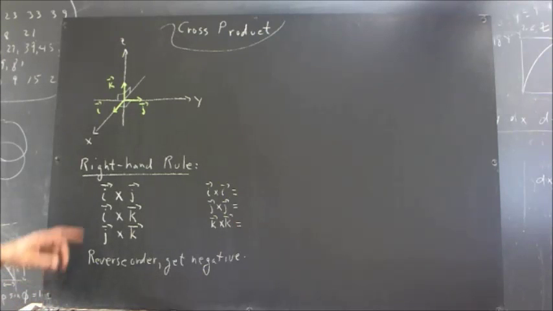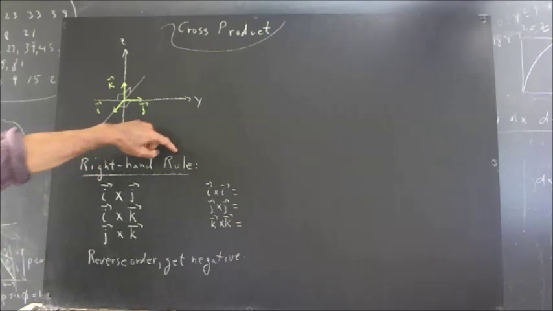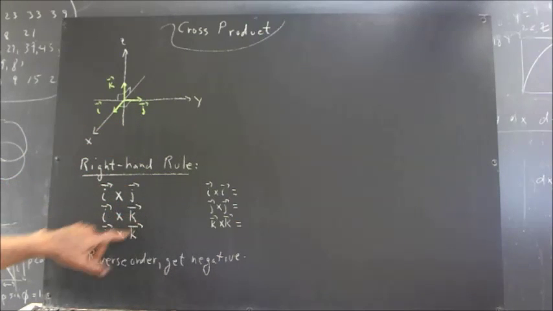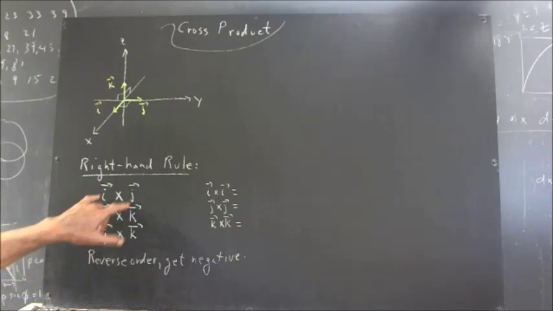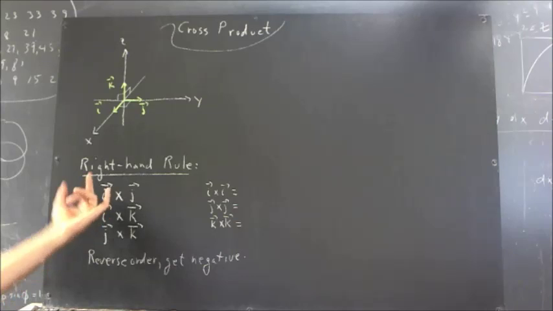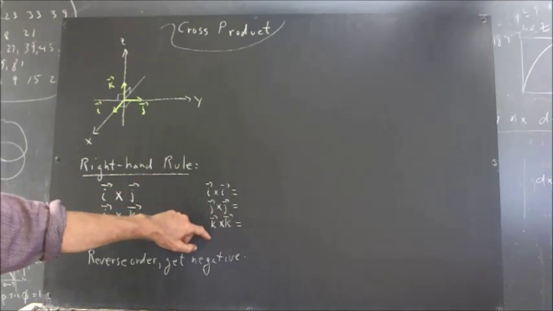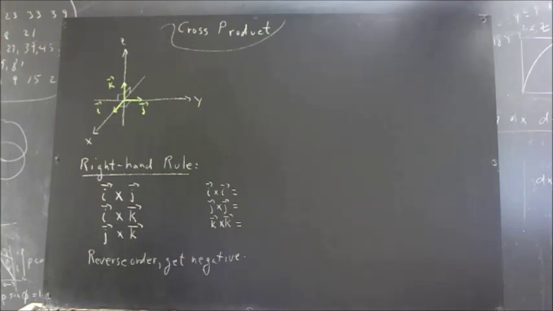First of all, we use the right-hand rule to define the cross product of i with j, i with k, and j with k. And then we have a rule that says reverse the order. If we do j cross i, it's the negative of whatever we get for i cross j. And there's also a rule for i cross i, j cross j, and k cross k. And once we've established these rules, the cross product of any vector is defined in a way that we'll see.